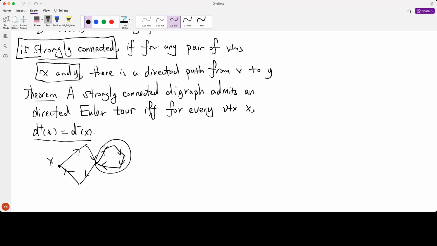In the end, you can connect all these things to become one single closed trail, and it visits all the edges. Okay, so this is a brief description of the proof of the last problem in your list.